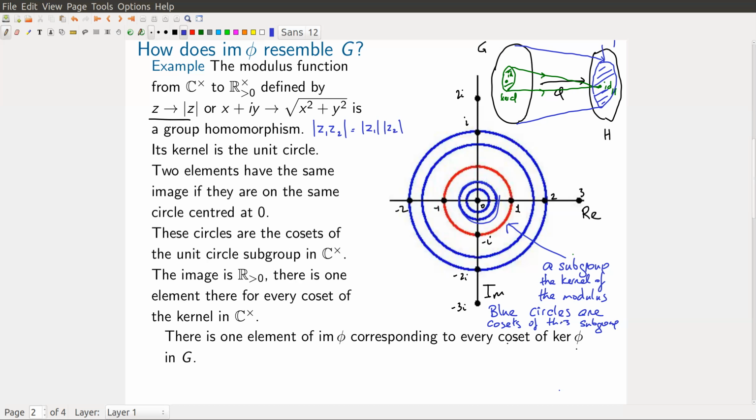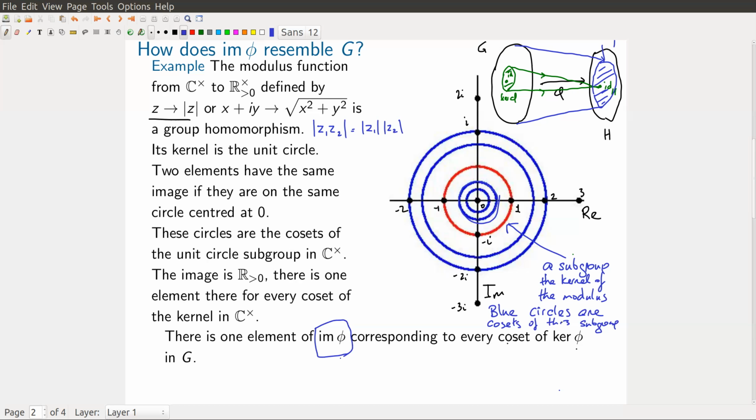So what we see is that there's exactly one element of the image of phi, which is the set of positive real numbers, corresponding to every coset of the kernel. So somehow the elements of the image, for this example at least, correspond in the group that we started with, the group of non-zero complex numbers under multiplication, to the set of these concentric circles in the complex plane.